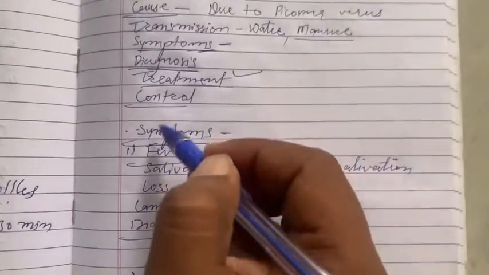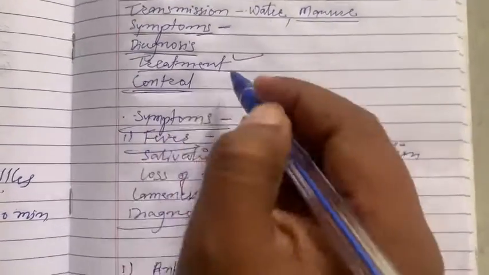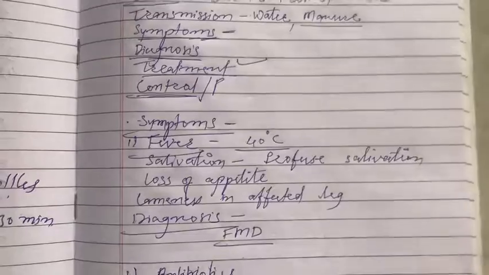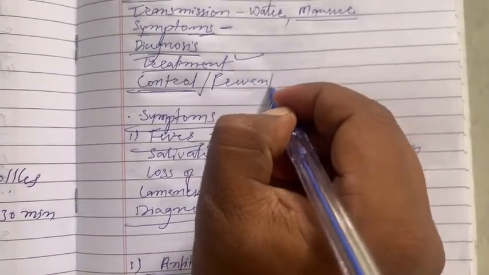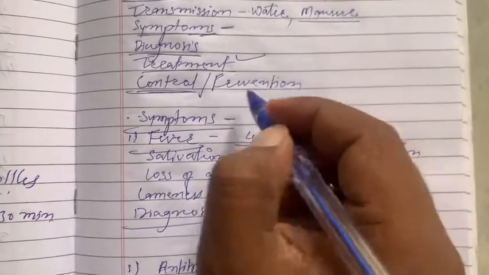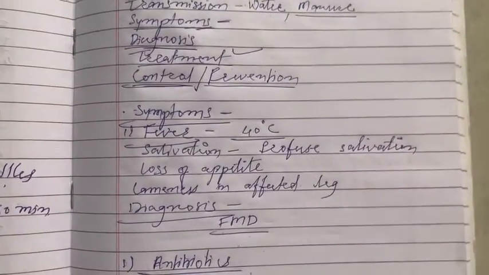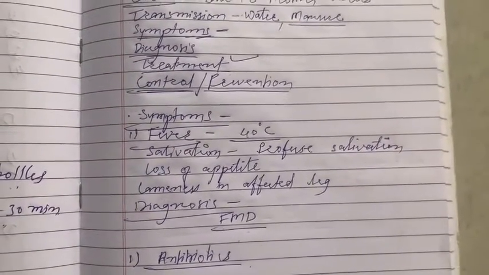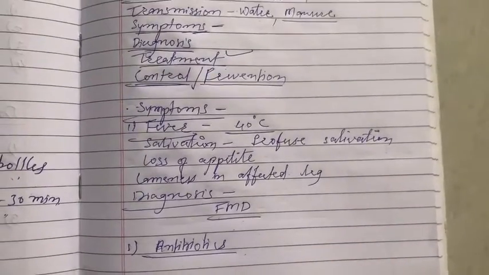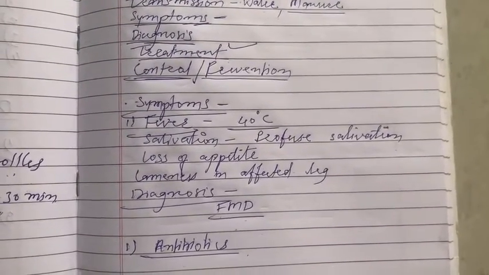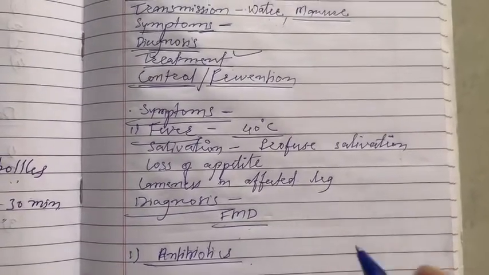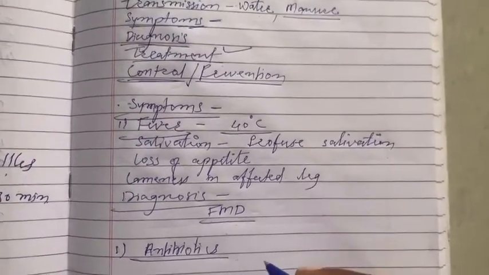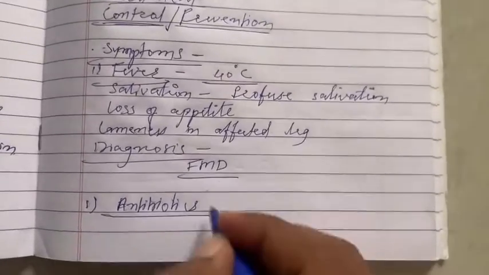And the next point is the control or prevention. As I told you earlier, prevention is better than cure, so it is better to prevent animals from such an infection. To prevent this disease, we have to disinfect the shed properly.